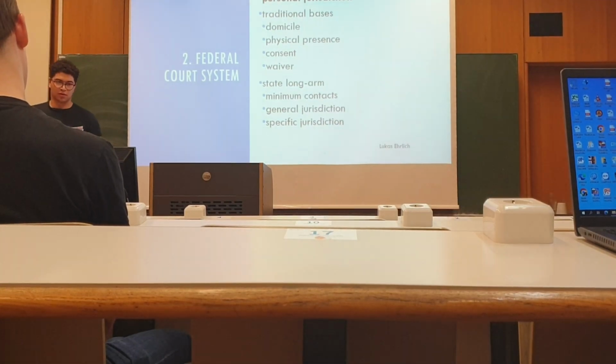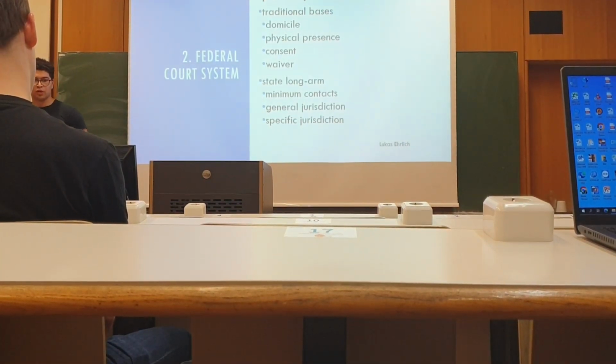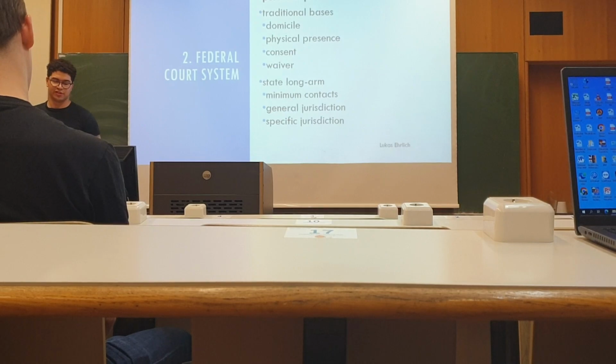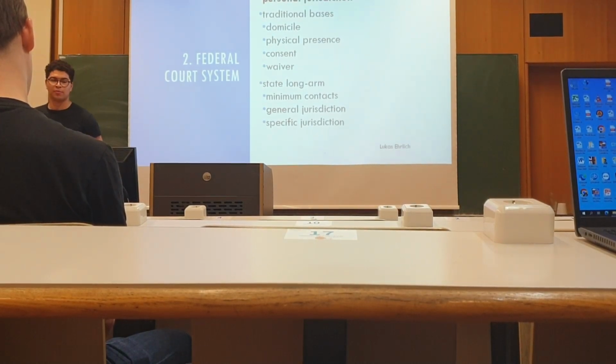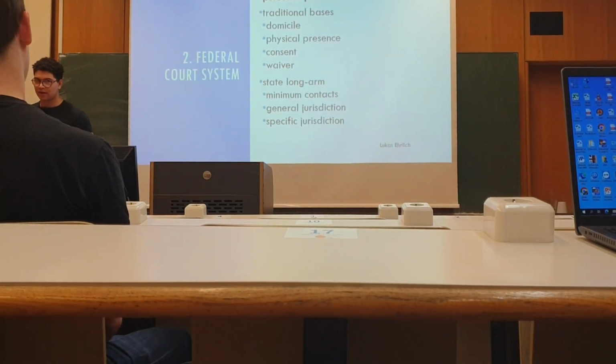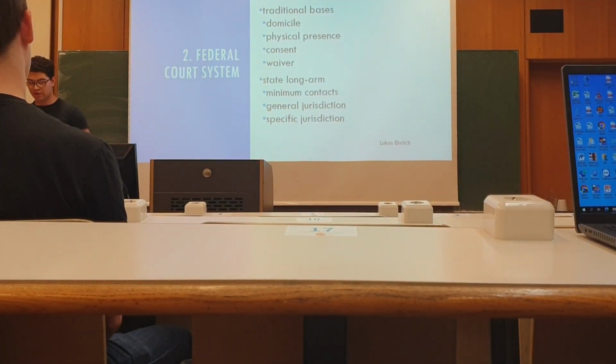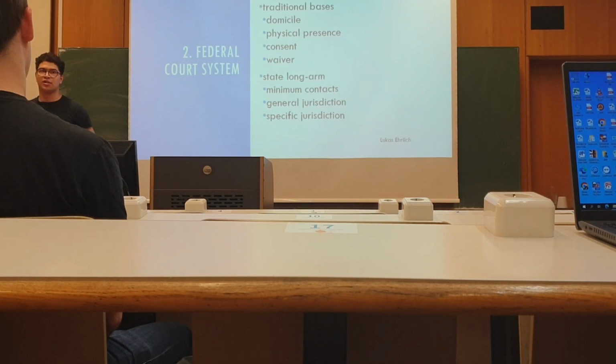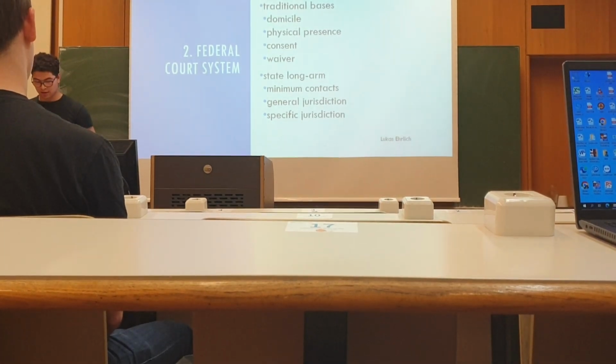This clause also has three different types. The first one I want to talk about is general jurisdiction, which is when a person has very continuous and very systematic contact with some kind of state.